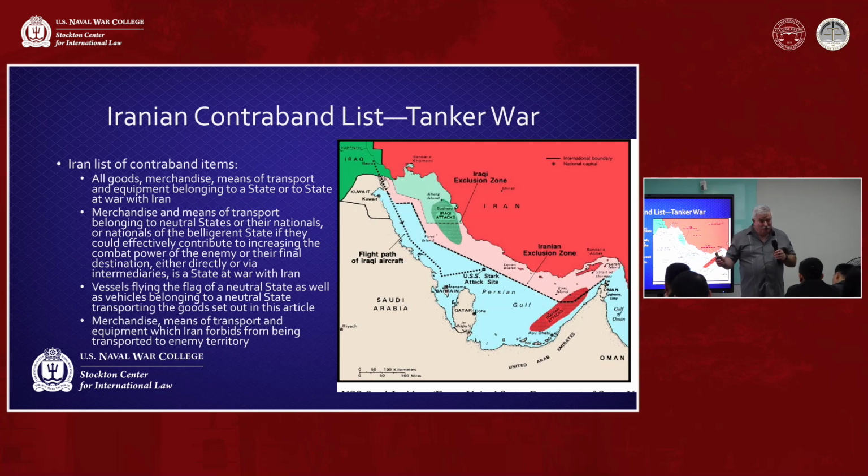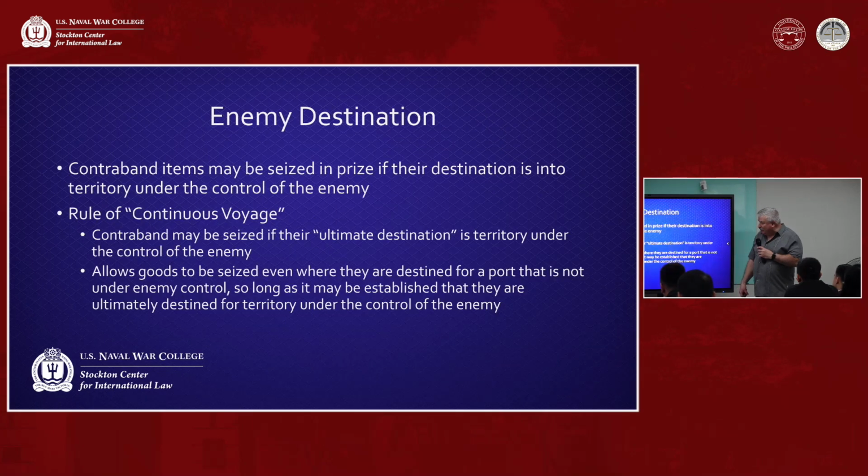That covers almost everything that you can imagine. So not a very helpful contraband list on the part of Iran, but that's just an example of states that might provide a contraband list during an armed conflict.